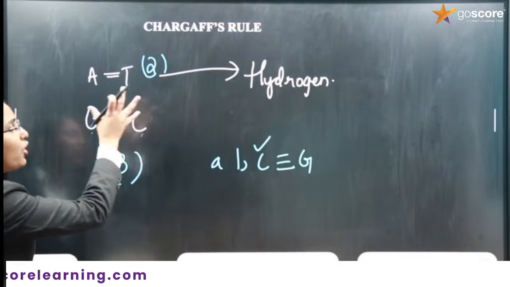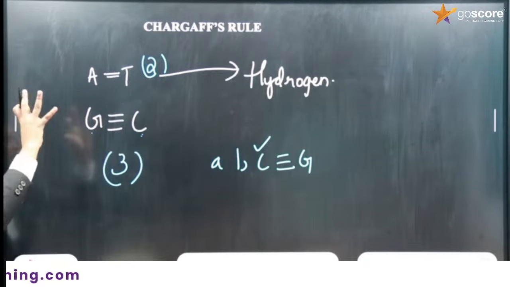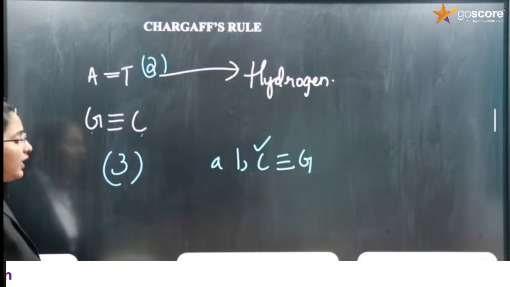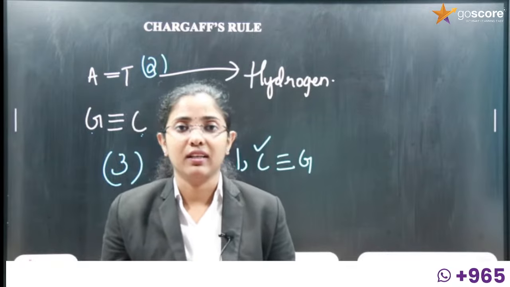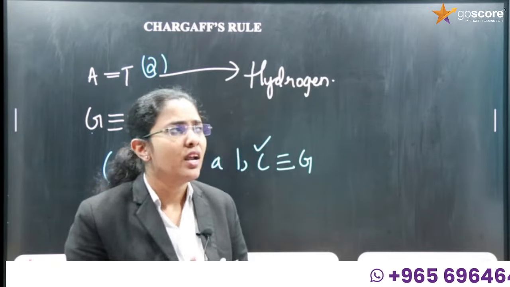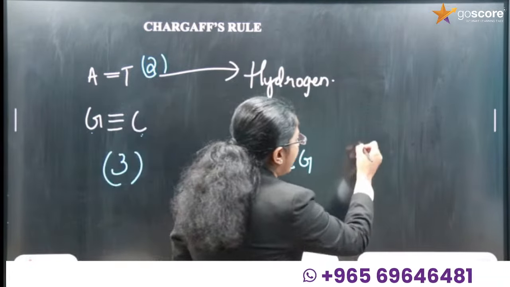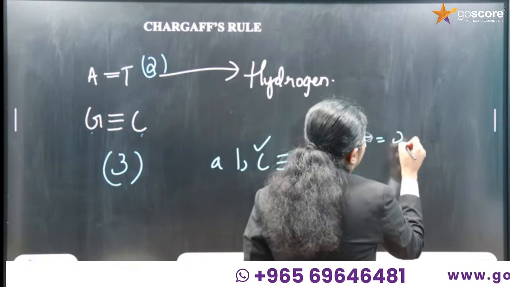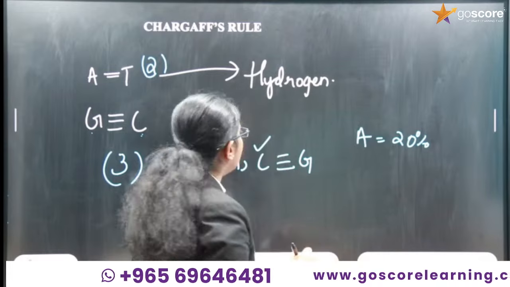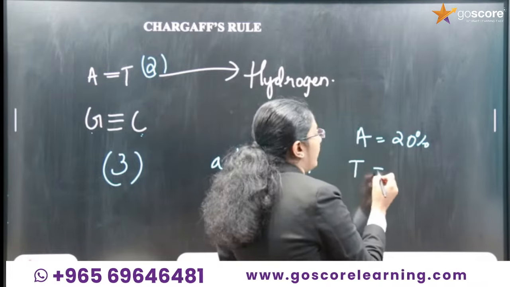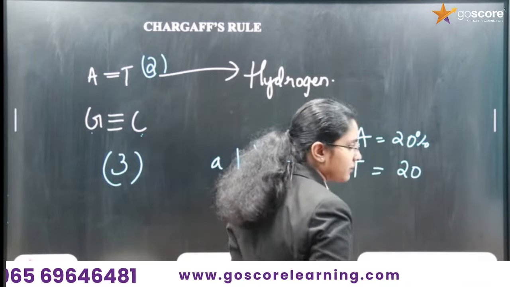So adenine always pairs with thymine, guanine always pairs with cytosine. That means if the amount of adenine in a DNA is, for example, 20%, then thymine in the DNA will always be 20%.